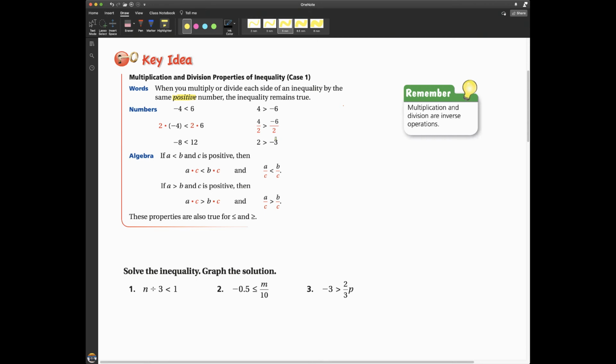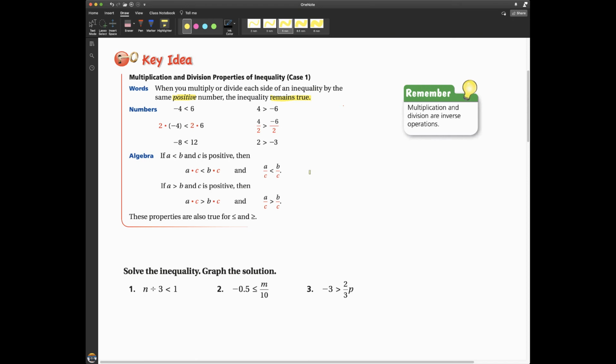All right. If I have an inequality and I multiply one side of the inequality by a number, I have to multiply the other side of the inequality by that same number so that the inequality remains true, which is always our big deal with inequalities, is to tell the truth because it'll set you free.